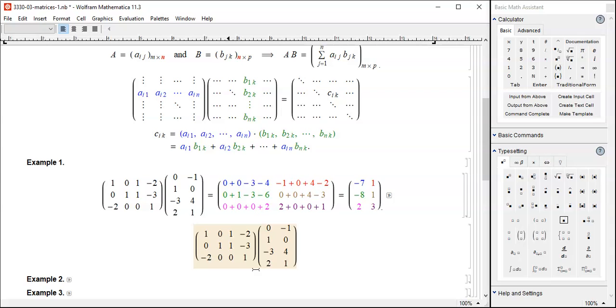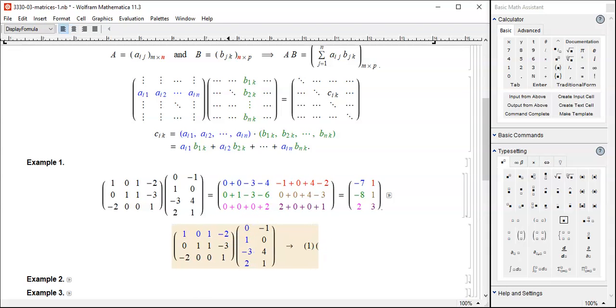Okay, let's do the computation. The very first entry comes from the first row, first column. And let's take the dot product of those two. First entry times first entry. We need 1 times 0. And I'd like to have it in blue.